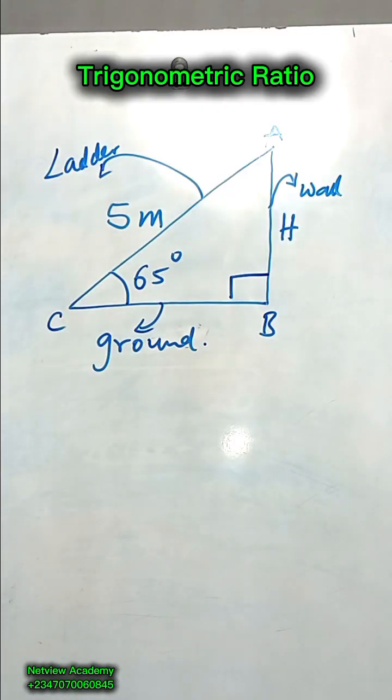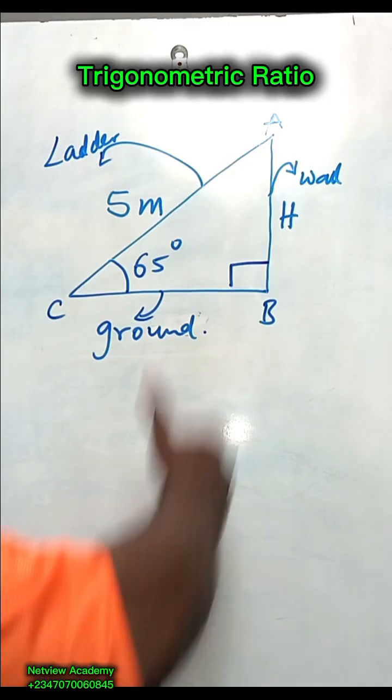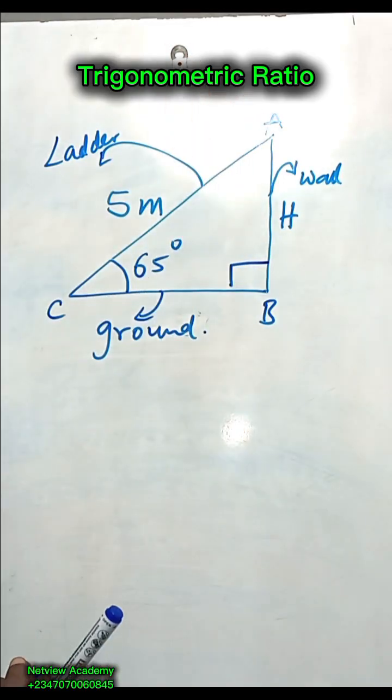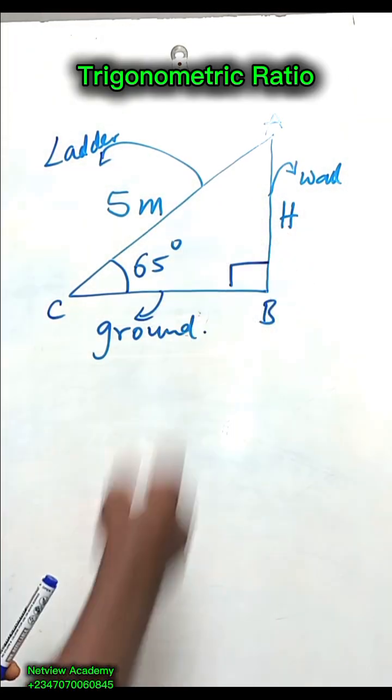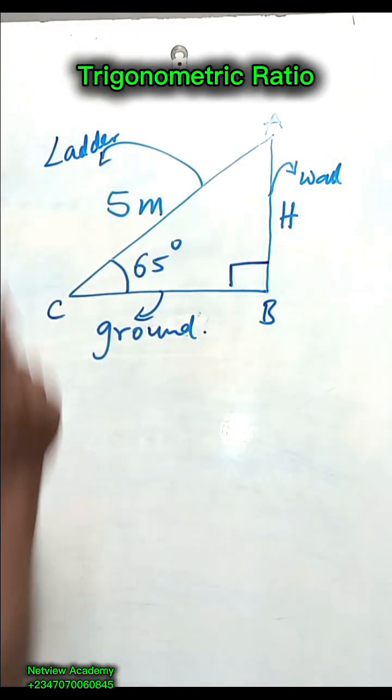The question says we should look for the distance between the point where the ladder touches the wall and the ground, the level ground, and that is represented with the letter H. So we have to look for H. Now, how do we get the value of H? The hypotenuse is provided.